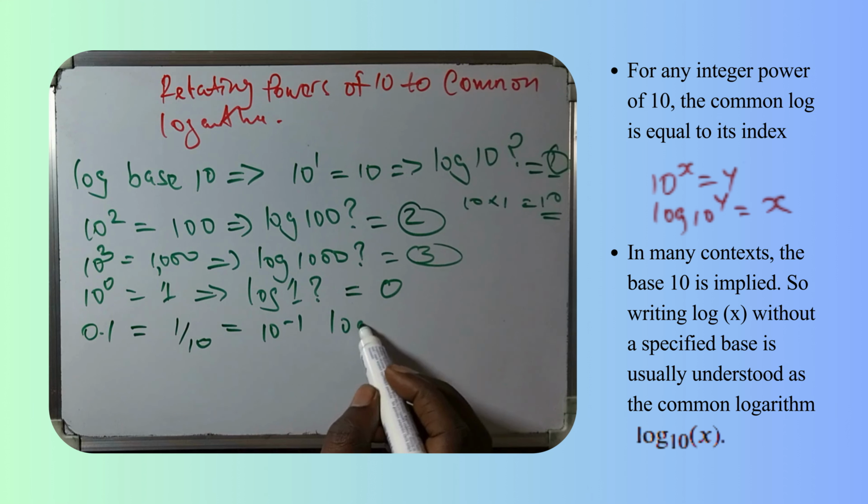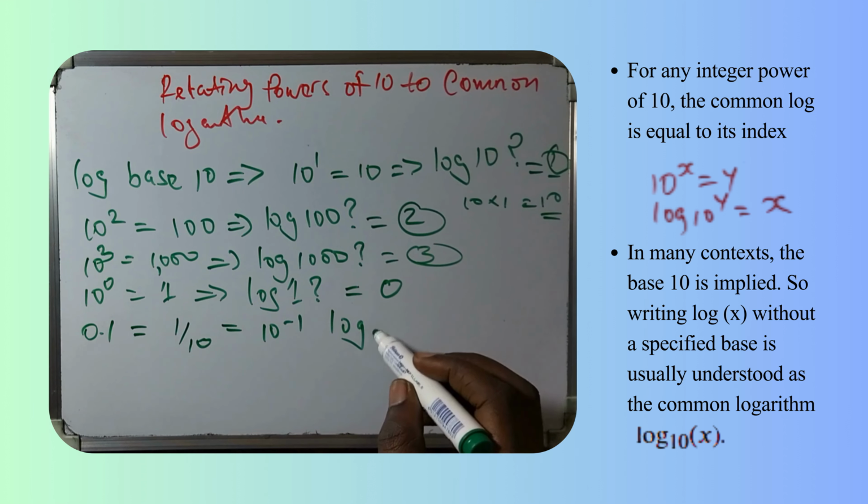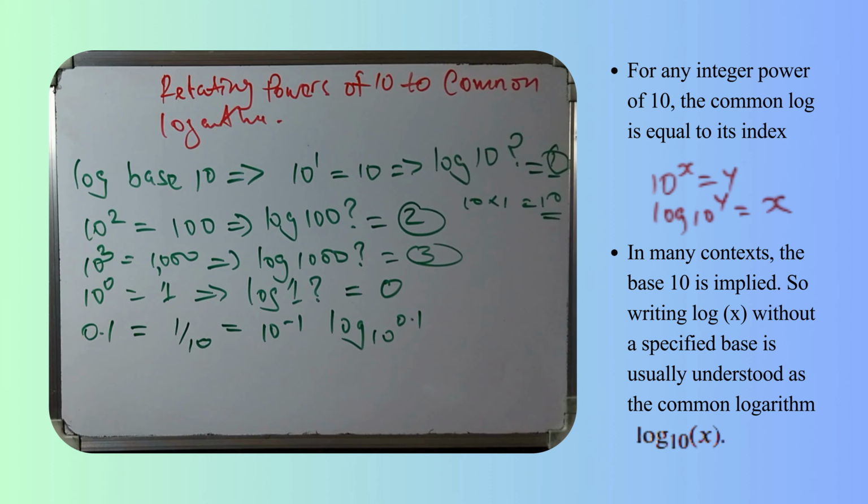And if I ask you the logarithm of 10 raised to negative 1, like the logarithm of 0.1 base 10, I'm still asking you how many times you have to multiply 10 to get that. So what we have here is negative 1.